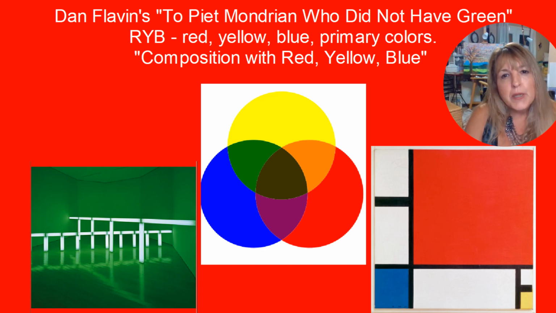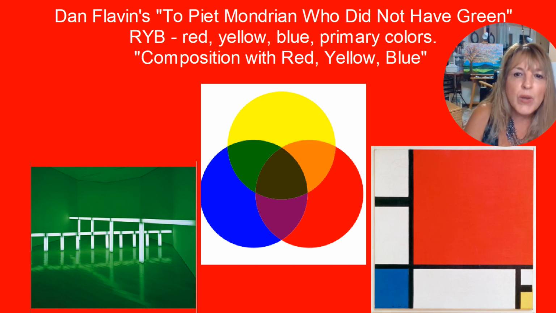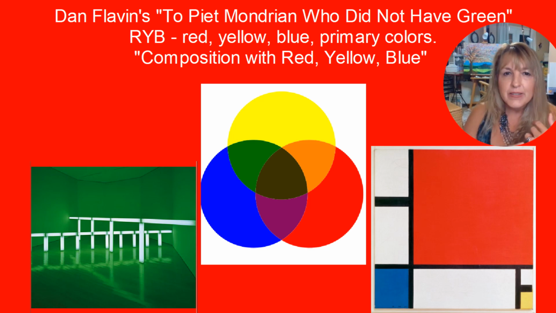Again, Mondrian did not have green. He worked in red, yellow, and blue, primary colors, Composition with Red, Yellow, and Blue. Now remember, historically speaking, red, yellow, and blue have been what is called primary colors. Today, especially with computers, we recognize cyan, this brighter blue, magenta, which is more what they show as the intersecting red in this work, and yellow.